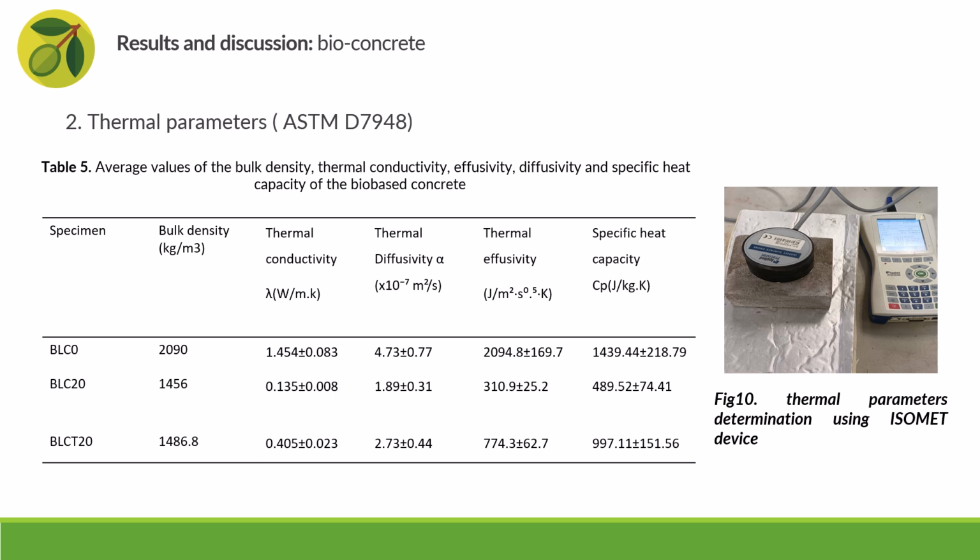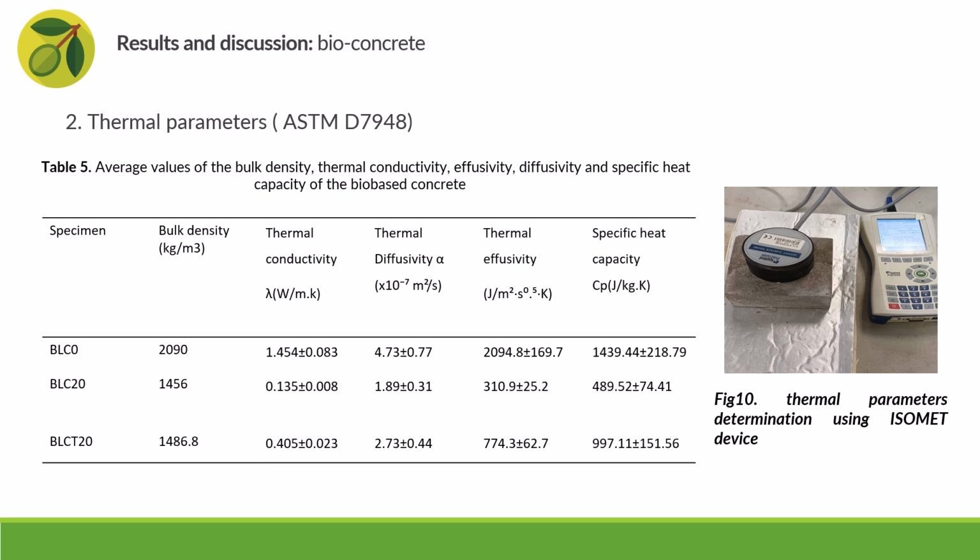In the case of treated olive husk, the conductivity is a bit higher, about 400, but still far below the reference. Diffusivity and effusivity also increase compared to the untreated mix, but they are still much lower compared to the reference concrete.